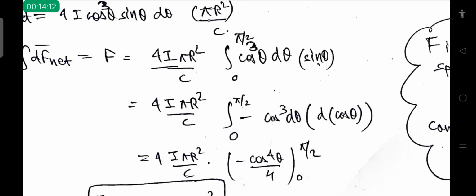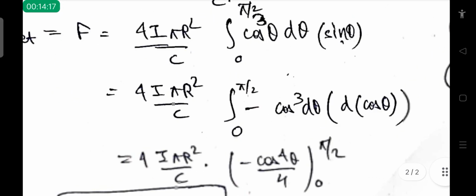Now it's just integration. There are two methods to solve. You can substitute cos theta as t, using substitution. I have directly written it like this: the derivative of cos theta is minus sin theta, so sin theta can be written as minus the derivative of cos theta.